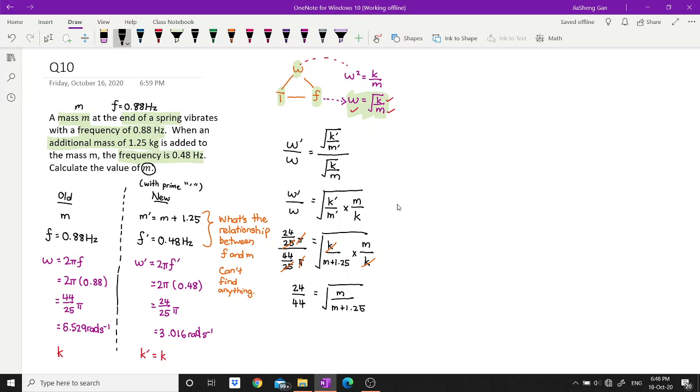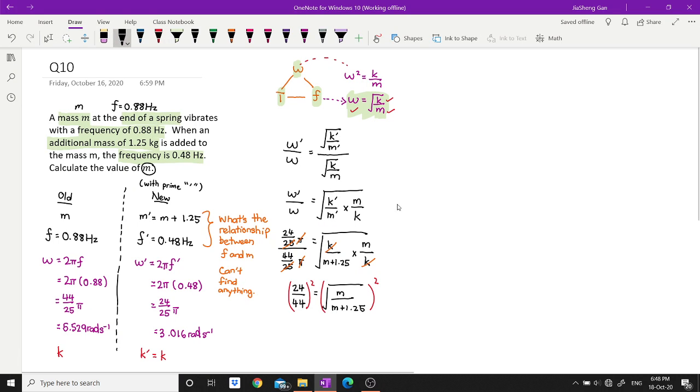If you have reached here, I believe the rest is just algebraic manipulation. But don't worry, let me demonstrate to you. You can square both sides first. Square this side, and then square the other side.